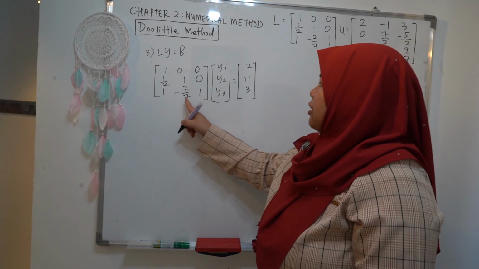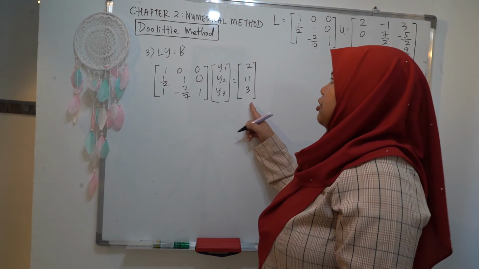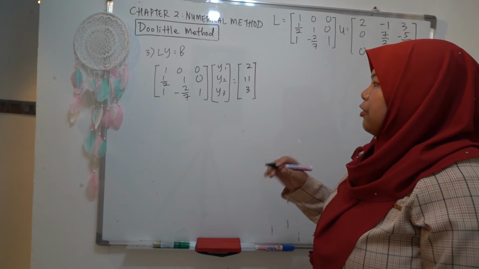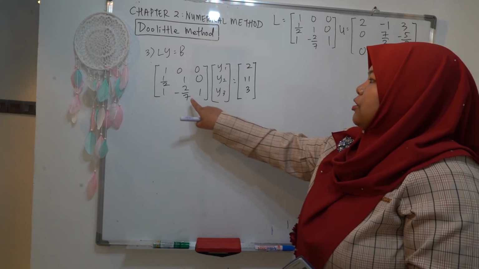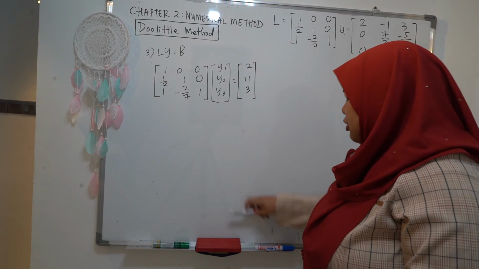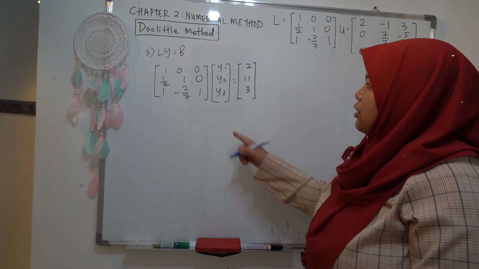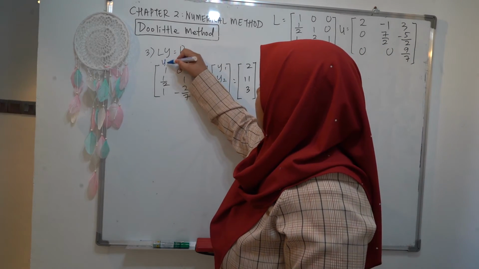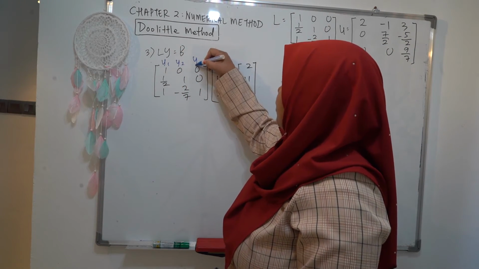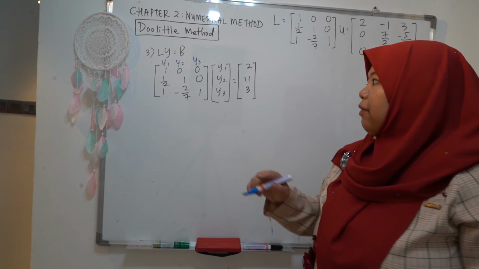So matrix L, matrix Y. Right now we have to multiply these two matrices. For these two matrices, I just put y1, y2, y3 on the top of the matrix.